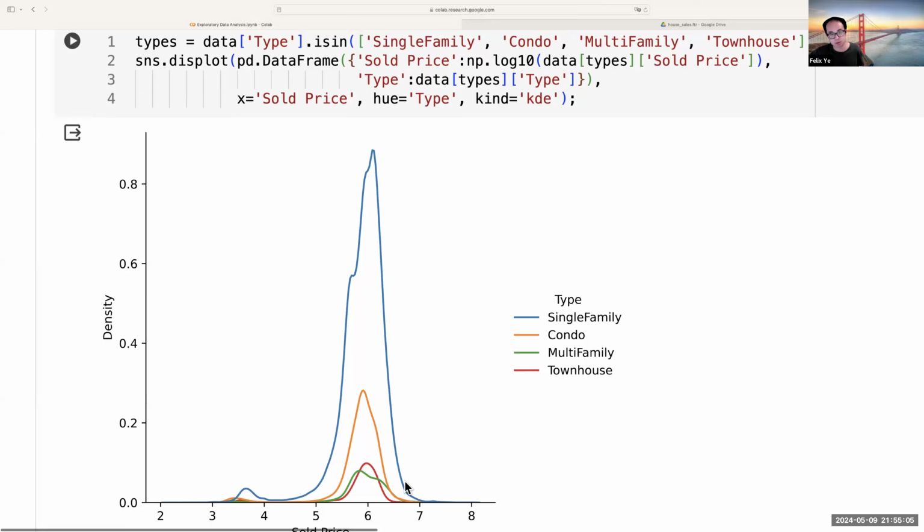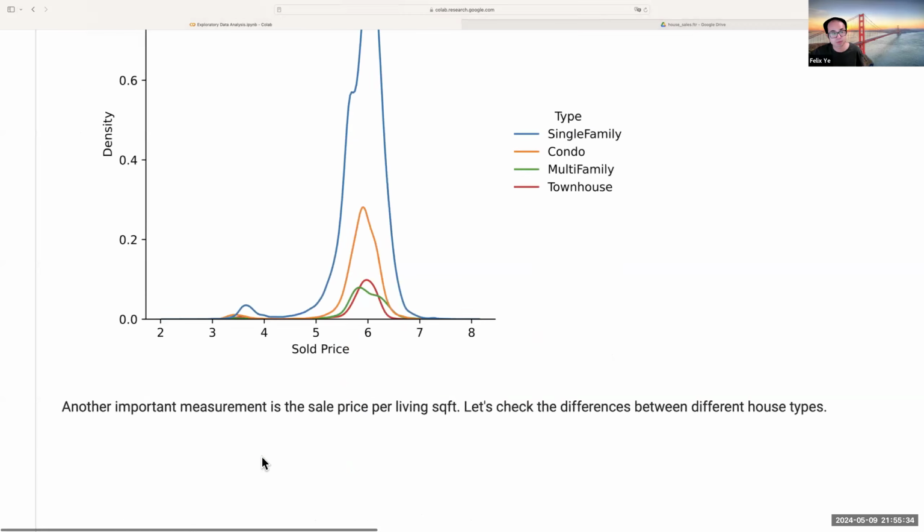But obviously, for the most part, it's single family. But also, you need to worry about a little bit of a second peak right here. This corresponds to renting homes. So when you do data processing, you probably need to remove those data entries because they will not be predicted well.